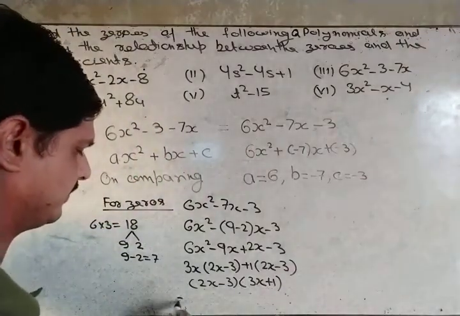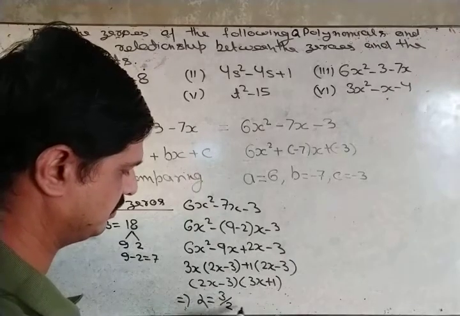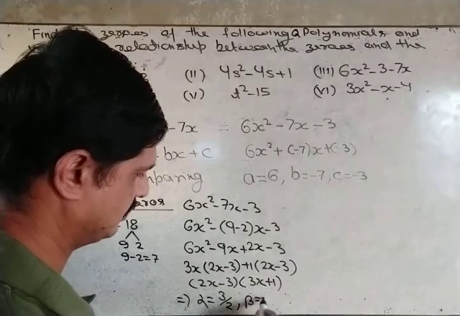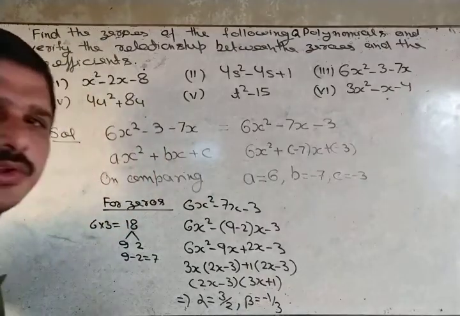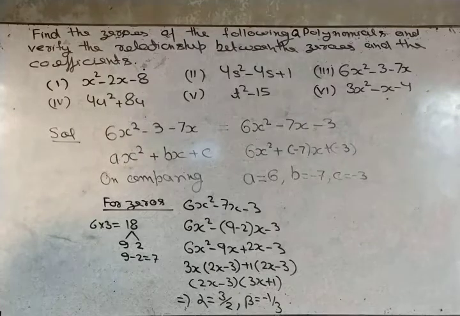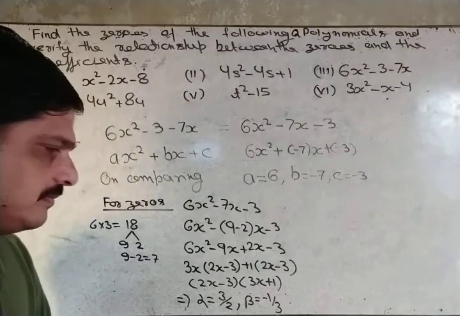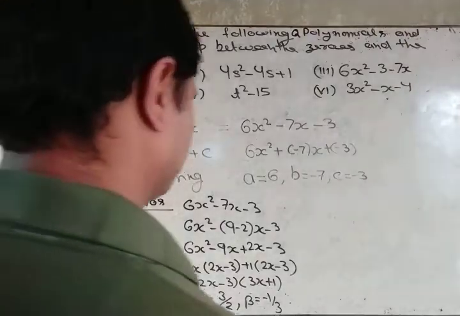Therefore, alpha is equal to 3 by 2 and beta is equal to minus 1 by 3. You can write directly here alpha is equal to 3 by 2 and beta is equal to minus 1 by 3. Okay.